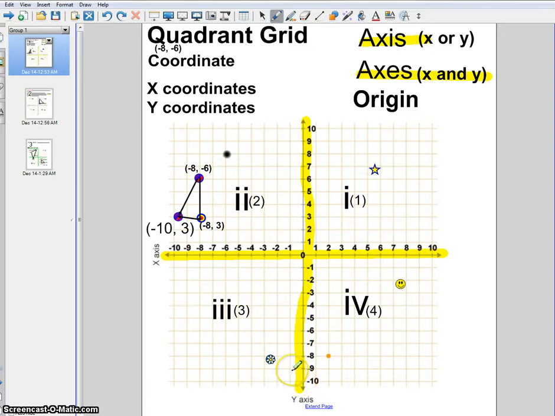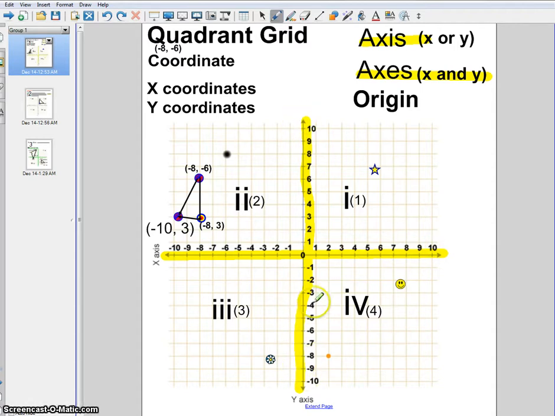Take a look and tell me, or at least tell yourself, what do you notice about the way the axes are set up? This is your x-axis, and this is your y-axis.